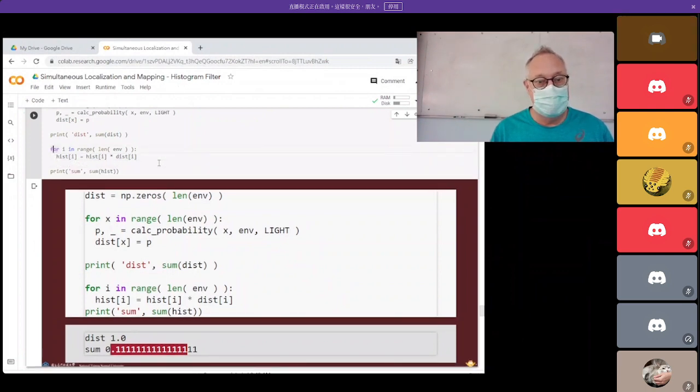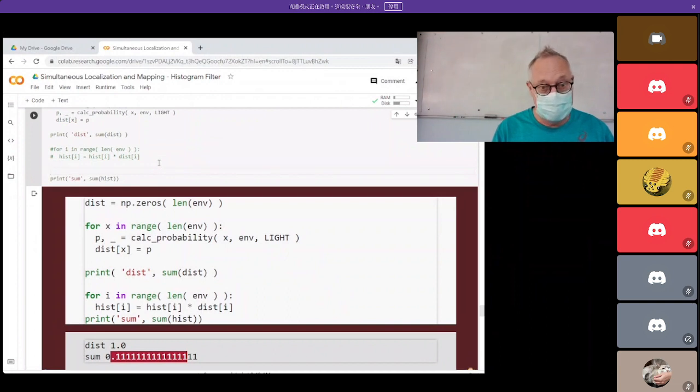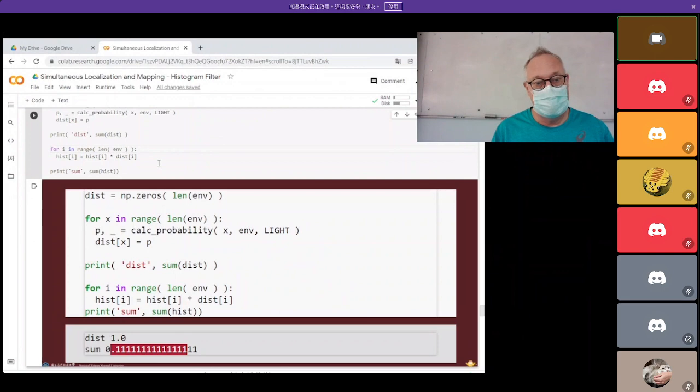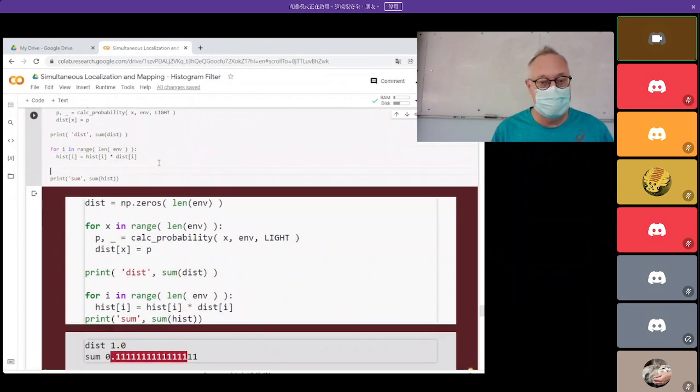Now in Python, I can actually write it. If you use NumPy arrays, you can write this a lot easier as just histogram is histogram multiplied by distribution, because by default it does element-wise multiplication.